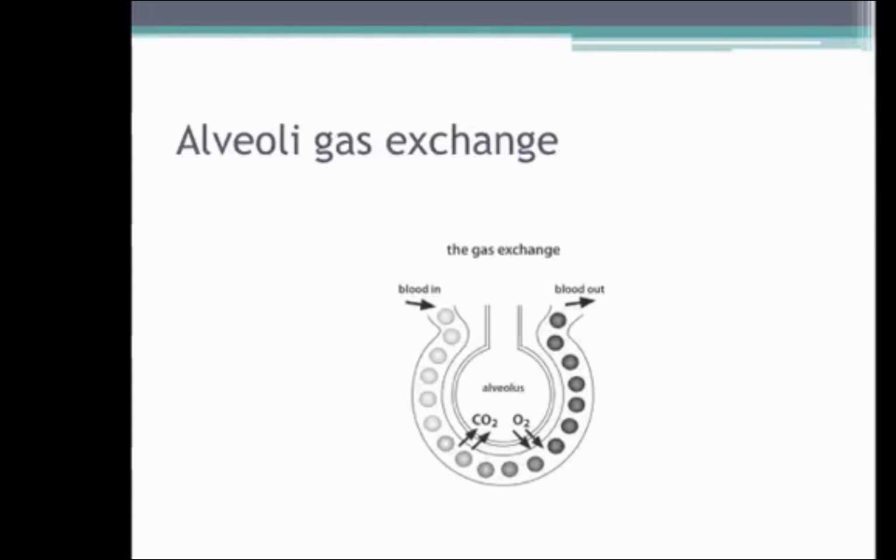It's going to leave the blood and go to the alveolus. Exact same thing is happening with O2. You've got more O2 after you did a breath in. The O2 is going to diffuse into the blood because of the lower O2 concentration there. So the exchange is occurring, and it's all because of diffusion and concentration gradients.